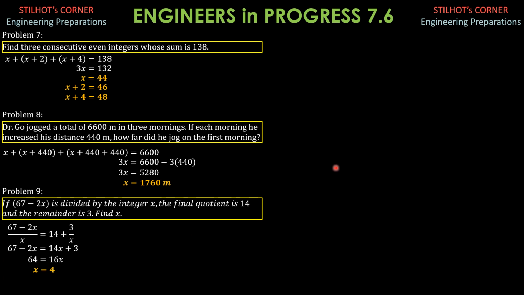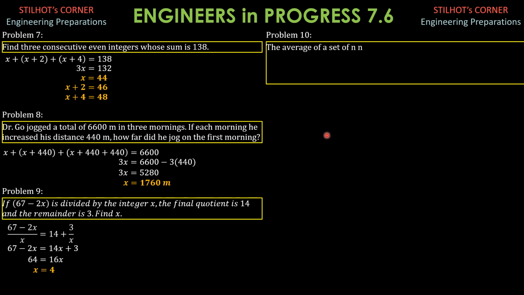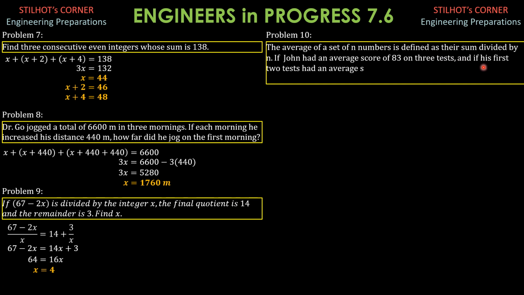Problem 10. The average of a set of n numbers is defined as their sum divided by n. If John had an average score of 83 on 3 tests, and if his first 2 tests had an average score of 88, what score did John receive on the third test? So we will denote the 3 tests as f, s, and t, and the average on the 3 tests is 83.